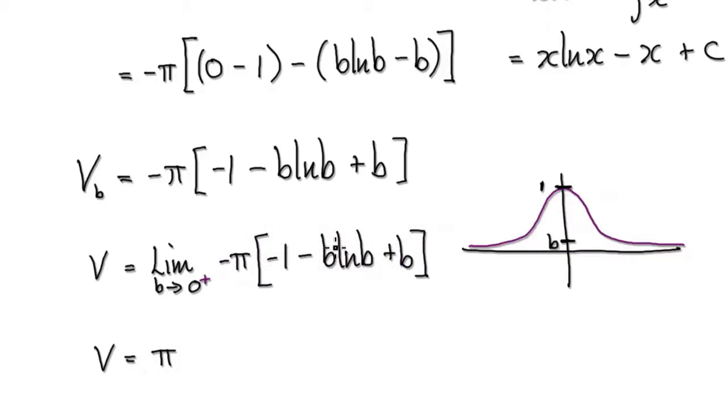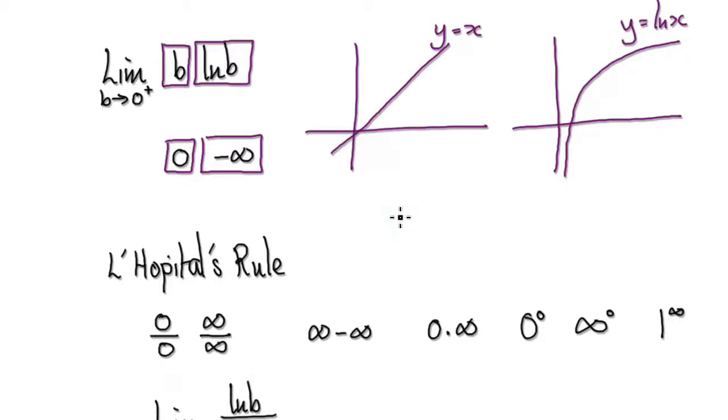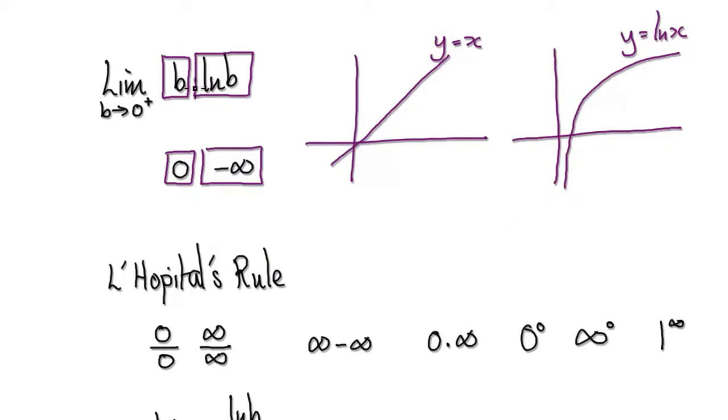But I need to explain why this heads towards 0. This here, we can clearly see it heads towards 0. So let's work out the limit of this as b heads towards 0 from the positive side. It turns out to be 0, but let me show you why. We are trying to work out the limit of b times natural log of b, as b heads towards 0 from the positive side.